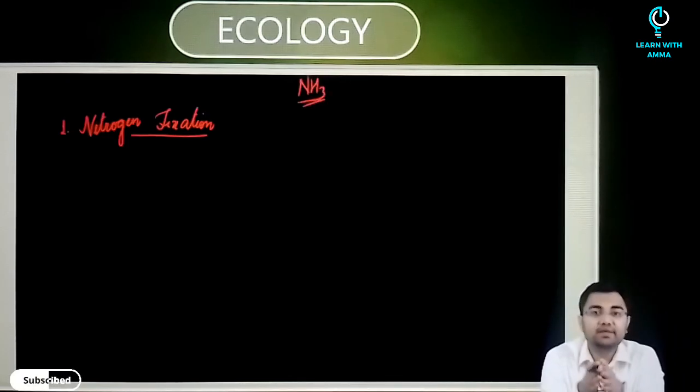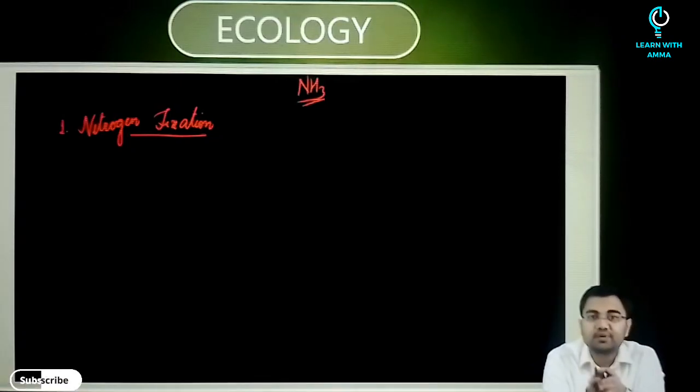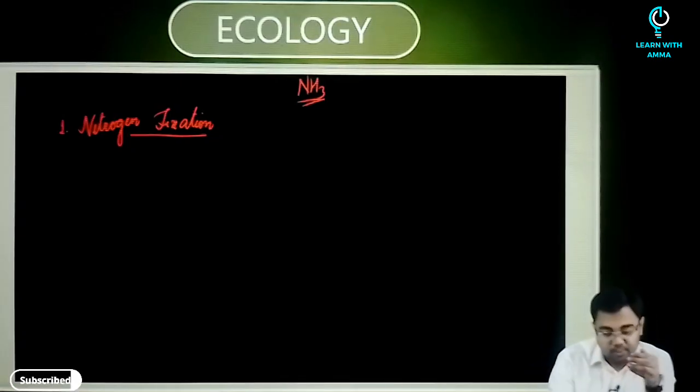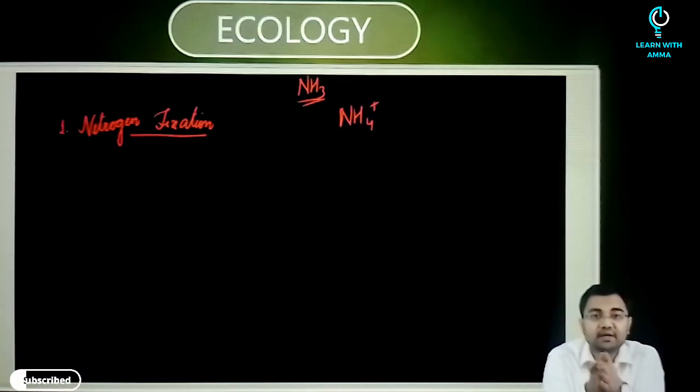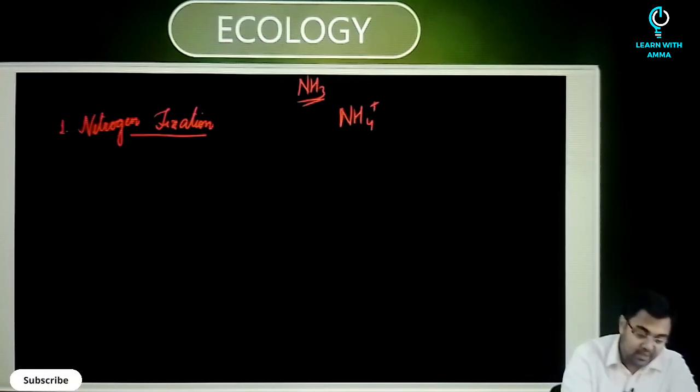Now these bacteria use some of the ammonia they produce as a nutrient, and they excrete the rest to the soil or water. Some of this ammonia is then converted into ammonium ions that can be used as a nutrient by plants. The ammonia that is not taken up by the plants can undergo nitrification.